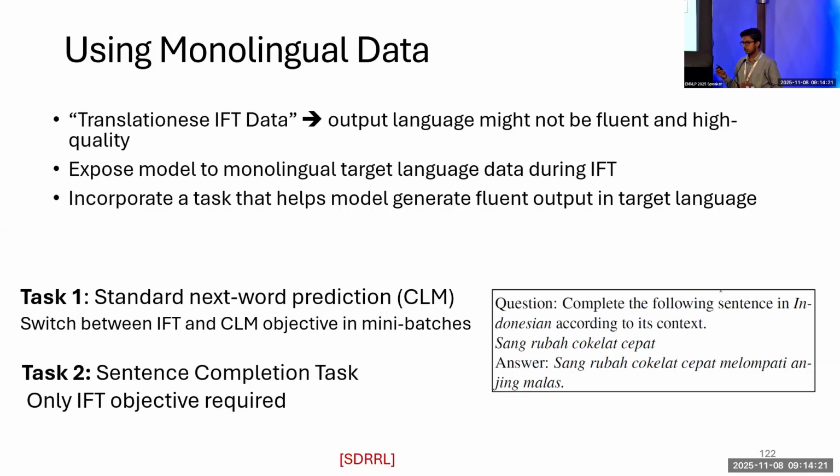So there are two things that we can do here. One is we can switch between the instruction following stage and the CLM objective in mini batches. So in this case, we would want to apply the loss over the entire prompt, or you could frame the sentence completion as an instruction following task. So if you see the example here, the question is complete the following sentence, and you give the incomplete sentence and the answer is the complete sentence. So this way you have both instruction following being trained as well as text completion.